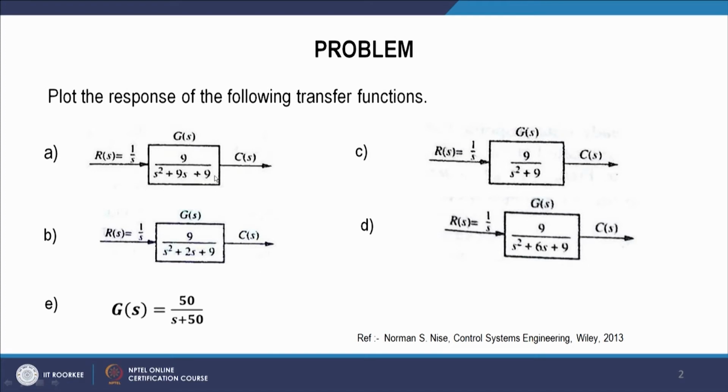We have to first find the system using tf, the transfer function. We use the tf command, tf(num, den), in the parenthesis. Here num we will write only 9, and then the denominator 1, 9, 9, and then we can find the response.